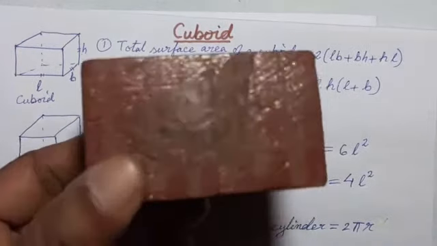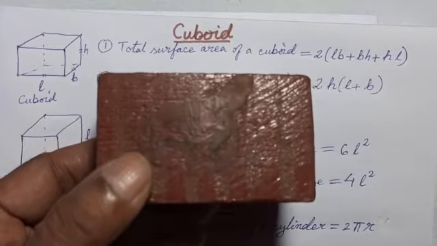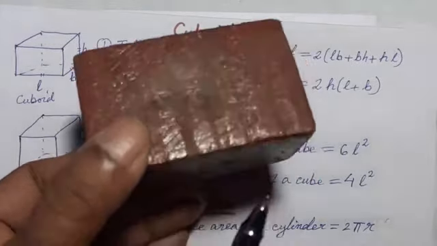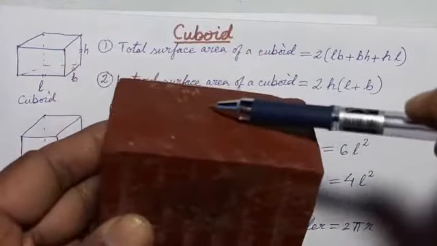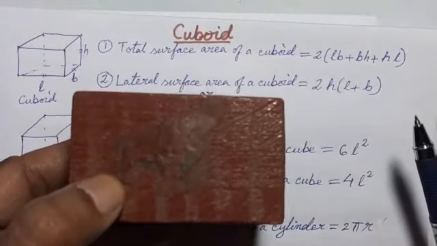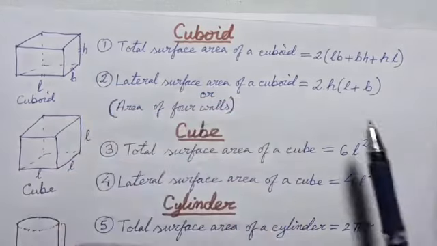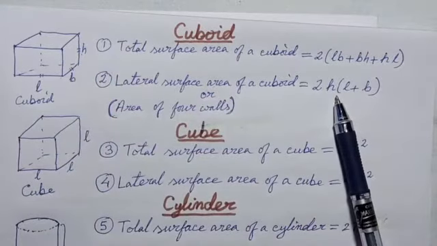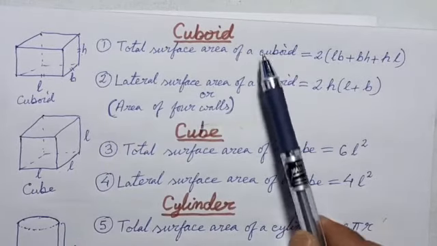In this cuboid, lateral surface means this face and this face and this face and this face. These 4 faces are called lateral surface area. The formula to find out this lateral surface area is 2 times height, and in the bracket length plus breadth. And these 2 are the formulas of cuboid.